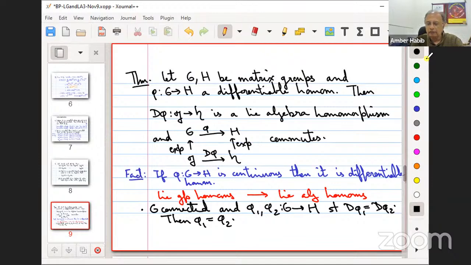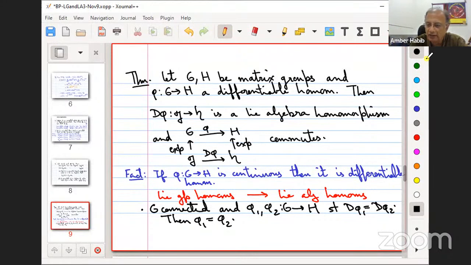Because once it's happening at the Lie algebra level, I use the exponential map and I find that it is at least happening in some neighborhood of identity. They will match there. But if the group is connected, that generates the whole group, and therefore the matching happens for all the group elements, and I get phi1 equal phi2. If the group is not connected, this need not happen. If G is not connected, then the lifts phi1 and phi2 don't have to match. At least for connected groups, this correspondence is 1-1.